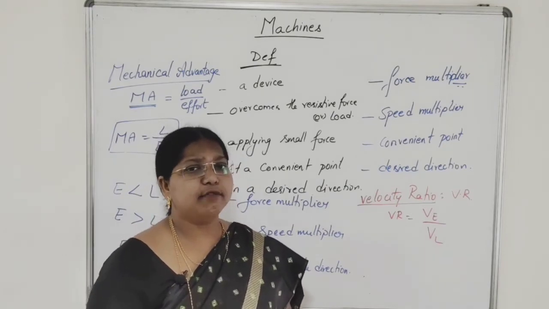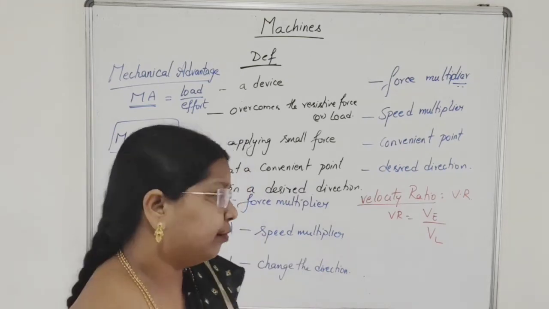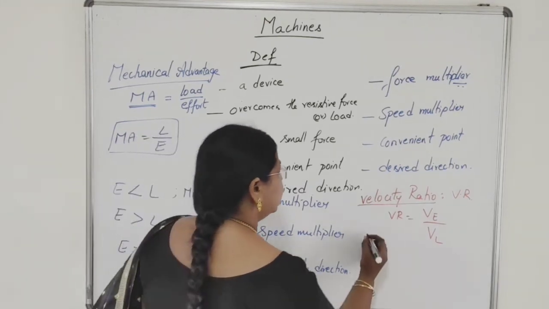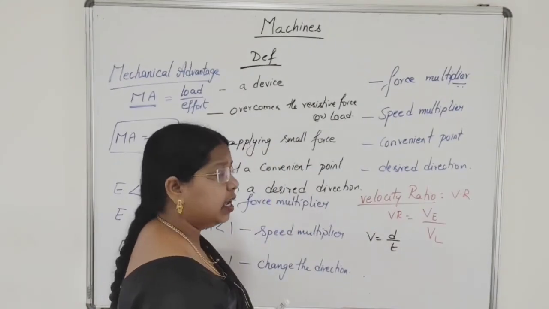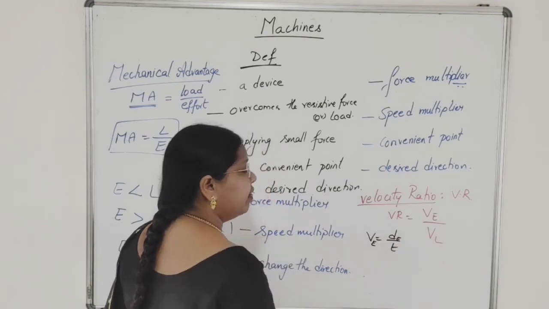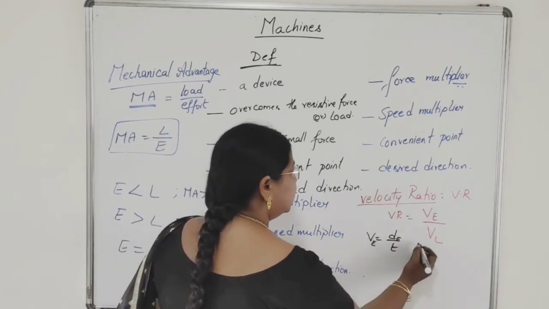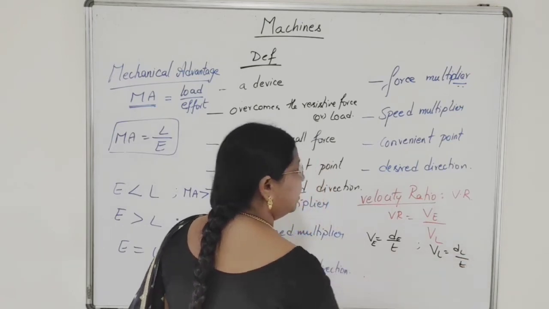We have one more definition also. We already know that velocity is the ratio of displacement by time. If it is the velocity of effort, then it will be the displacement of effort by time. If it is the velocity of load, then it is equal to displacement of load by time.